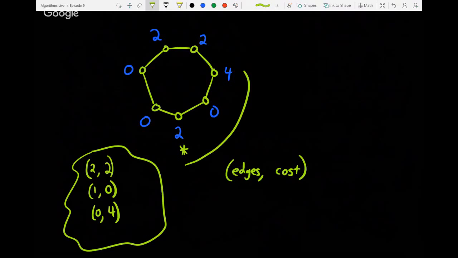Whenever I get to the end of a position like this, what I could do is consider pairing it with things behind me. So the pairing would be taking this position here, which is the 4, taking the cost of a partial solution. So the cost of a partial solution is edges plus cost.